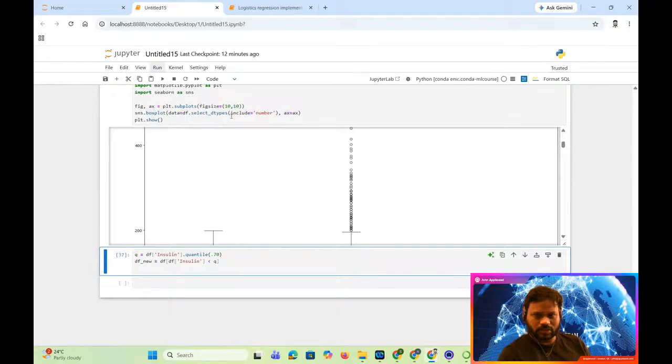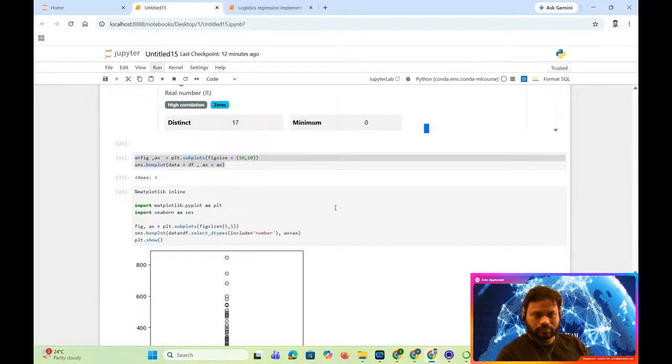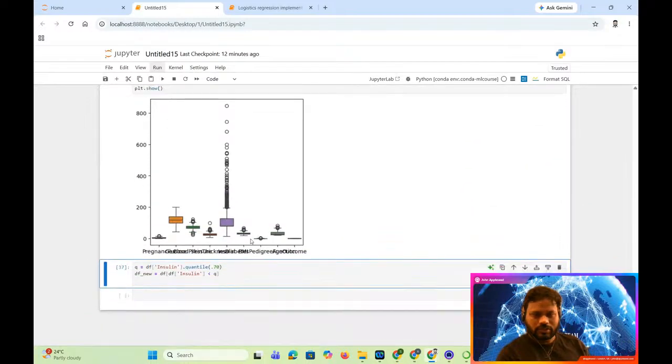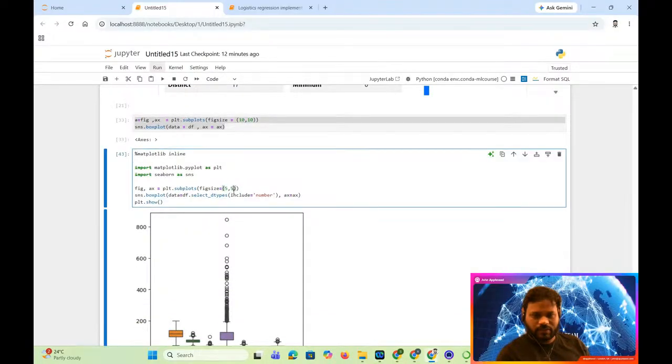Now again I'm decreasing the figure size to 5 by 5. See, now this works. Okay, 5 by 5, not 5 by 10, 10 by 5.